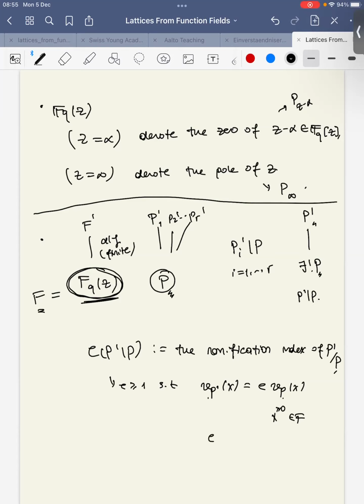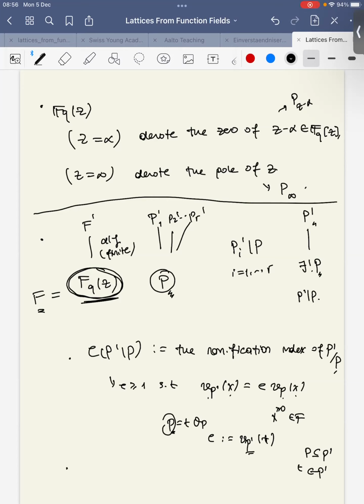Particularly, if we have a prime element t of P, e was defined as the v_P prime of t, because by the definition P is a subset of P prime, so a prime element of P is also an element of P prime. Its valuation should be positive, but it can be strictly bigger than 1. And it gives us some sense of how the factorization behaves in the extension field for a given transcendental x.